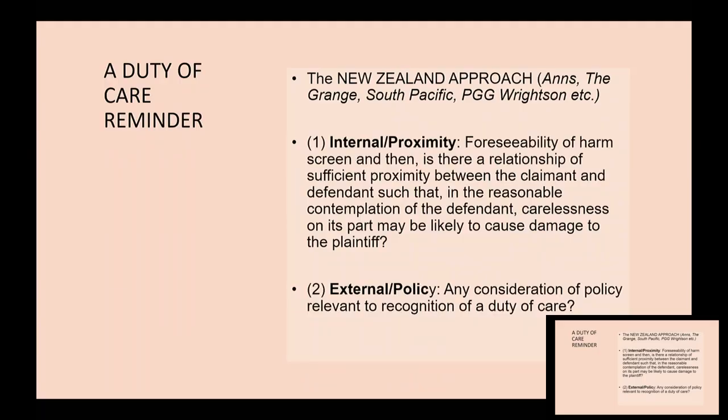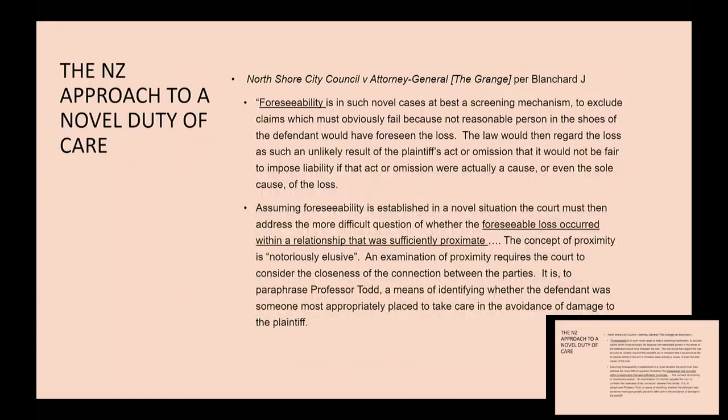And I've just put some dicta on these slides so that it's easily accessible to you from the Grange, because I think it's actually really helpful dicta, okay? And so it's Justice Blanchard in the Grange, where he talked about first foreseeability in novel cases being a screening mechanism.